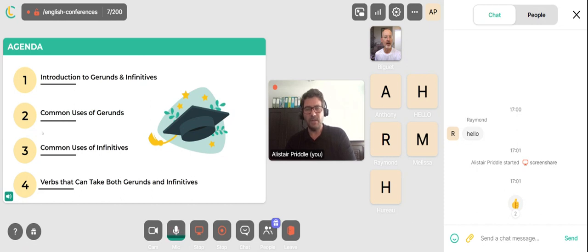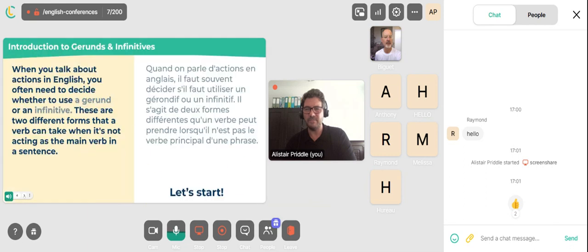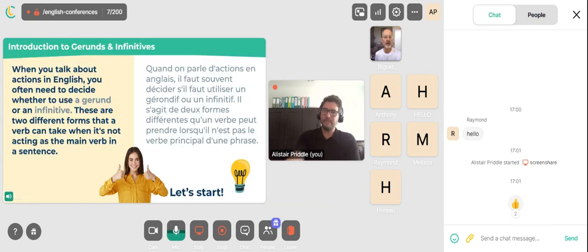Okay, so let's start the explanation to understand gerunds and infinitives. So here's our introduction. Have a listen as I read it. You can listen and read the translation as well if you wish.